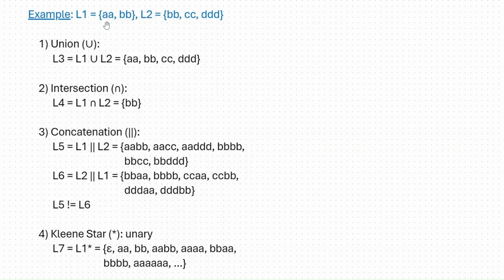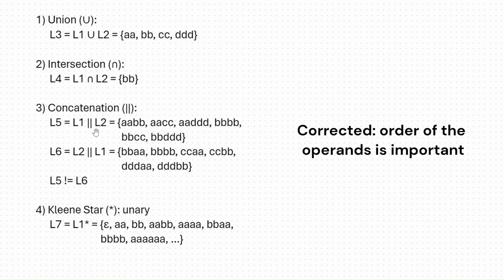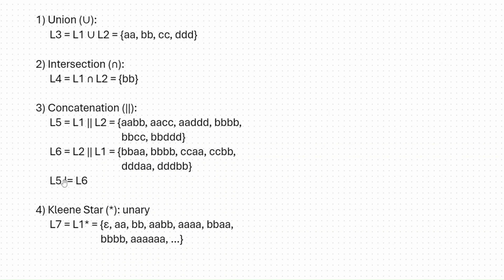So basically, for the first element of language 1, AA, we will add each element in language 2. So AABB, AACC, AADD. Then, for the second element, which is BB, we will add again each element from language 2, which in that case, BBBB, BBCC, and BBDDD. And order of the operation is important in concatenation. That means language 5 is not equal to language 6 because the order is different.